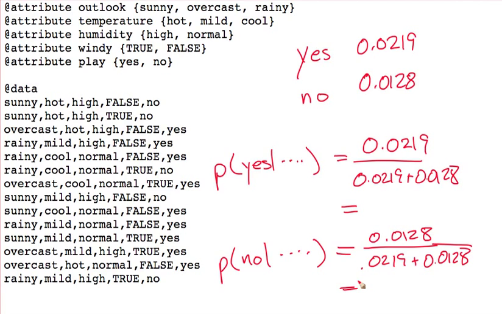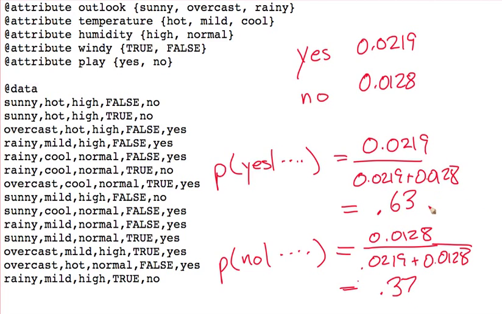So if we do that, then what we're going to end up with is, for play, 0.63. For not play, for no, we're going to get 0.37, so 1 minus the likelihood of yes.